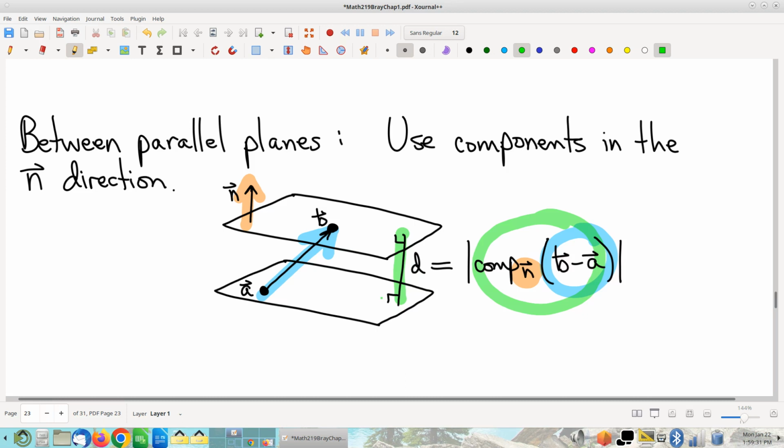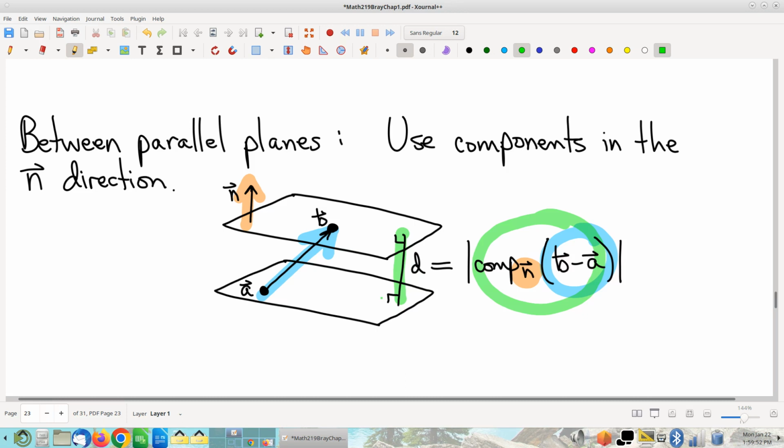Well, almost exactly, but there it is, right? The whole point of a component is that it says how far this vector is in the direction of whatever the direction vector is, in this case perpendicular, and so that will literally give us the perpendicular distance there.